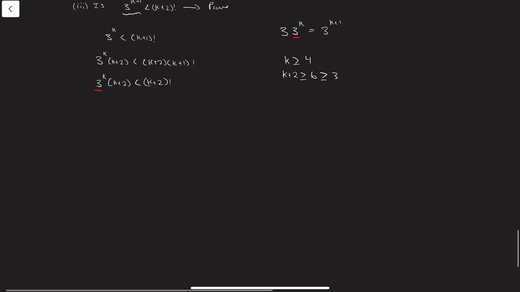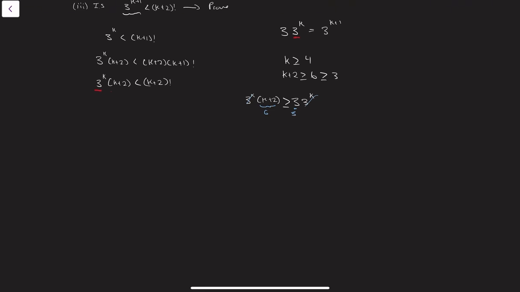And so we can say then that 3 times 3^k is going to be less than or equal to 3^k times (k plus 2). Just from the fact that we know that this term has to be bigger than 6 and this term is 3. So since the coefficients are what's remaining, you could cancel 3^k, and k plus 2 has to be bigger than 3.